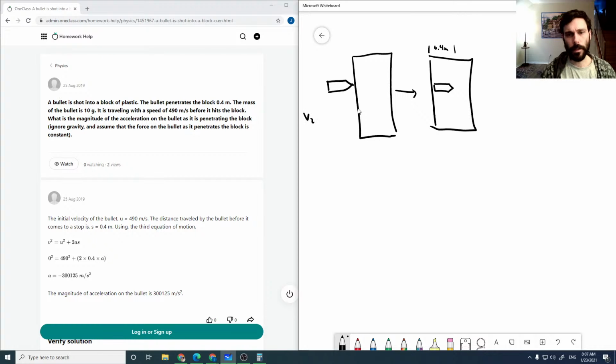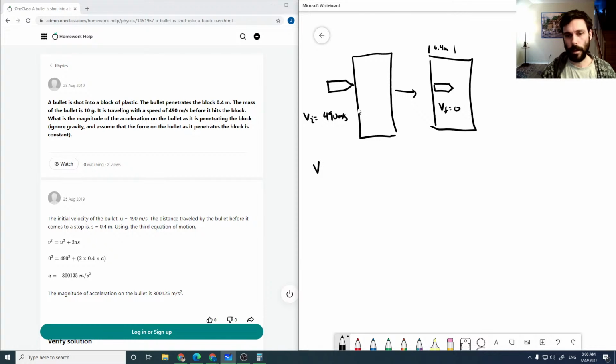The initial speed of the bullet is 490 meters per second. Our VF here is 0. And so what is the magnitude of the acceleration as it's penetrating the block? And assume that the force or the acceleration is constant.